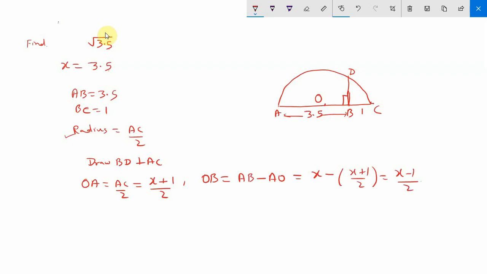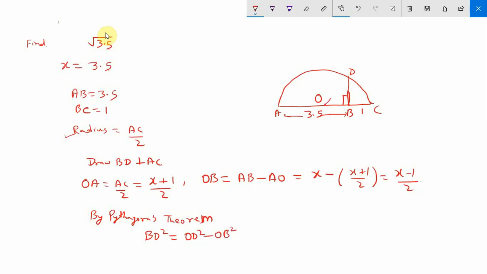Now by Pythagoras theorem we can write BD square equal to OD square minus OB square.